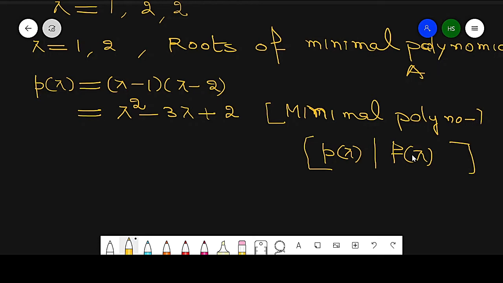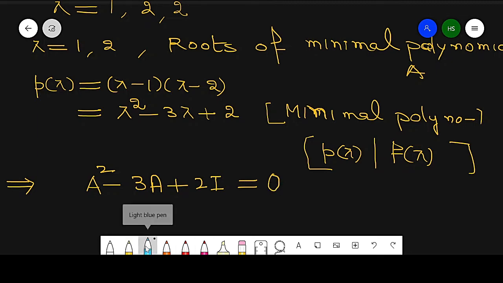Now every square matrix satisfies its minimal polynomial. So the square matrix A satisfies its minimal polynomial, which means A square minus 3A plus 2I is equal to 0. Now in the question it is given that we find A inverse by using the minimal polynomial.